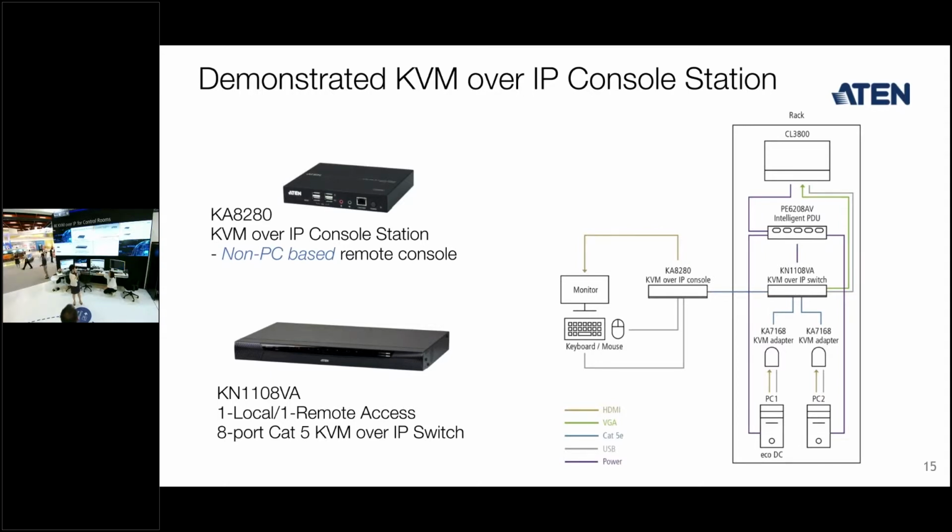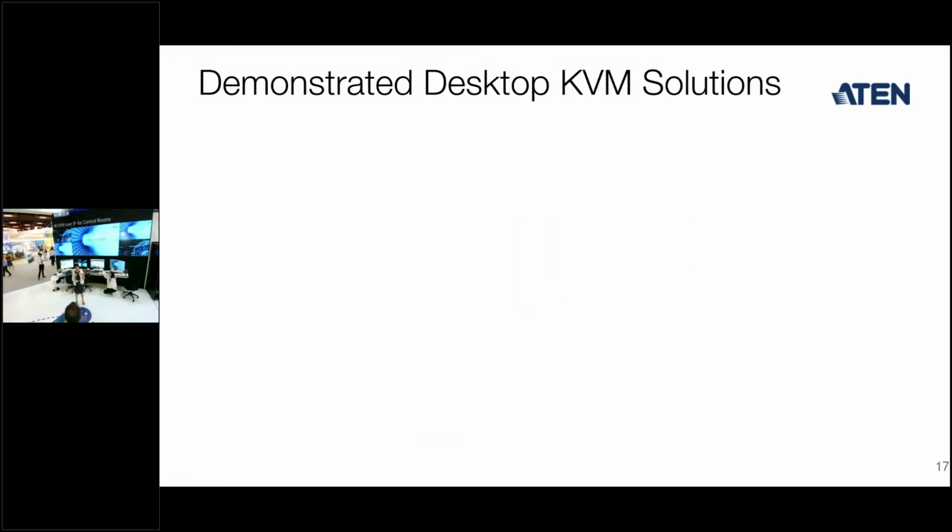But some organizations, like high-tech manufacturers or government or military organizations, do not allow general purpose PCs, so they prefer this kind of solution. It's a non-PC based solution, so you don't have to worry about viruses or security issues.